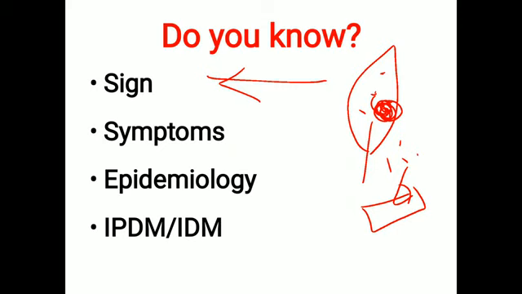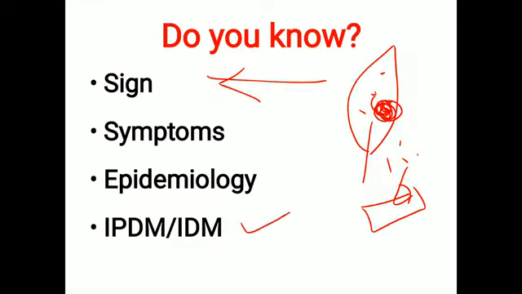For example, mostly biotic factors or abiotic factors that spread the disease at a faster rate. For example, wind, water, animals, insects, seeds, etc. Then IPDM means what?